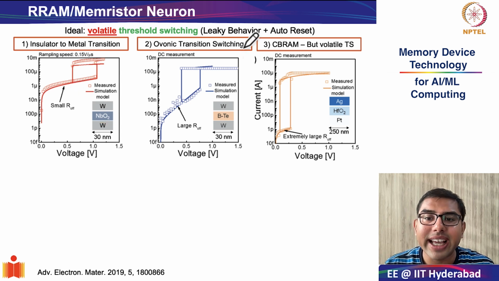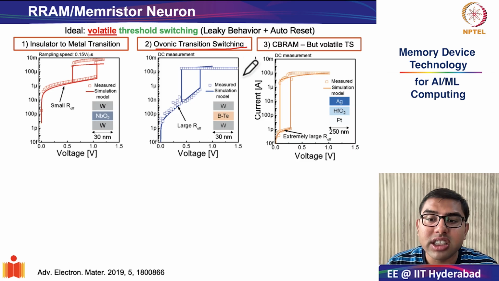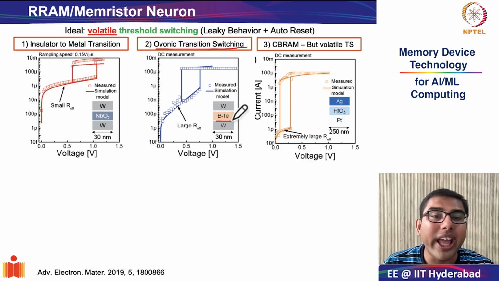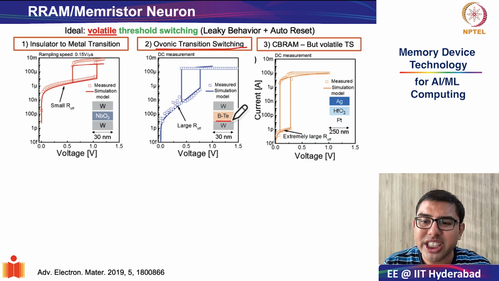In the second example, we use something called ovonic threshold switching, which is a form of phase change switching that occurs in chalcogenide materials such as boron telluride, where switching is not due to atomic movement but purely because of electronic effects. Now, there are several models to explain the origin of this ovonic threshold switching, such as thermal runaway, impact ionization, and polaron collapse.